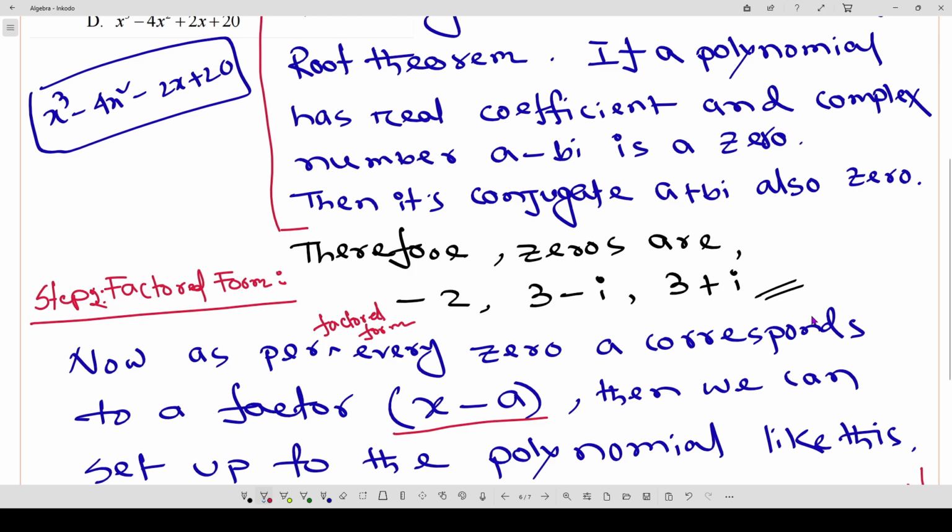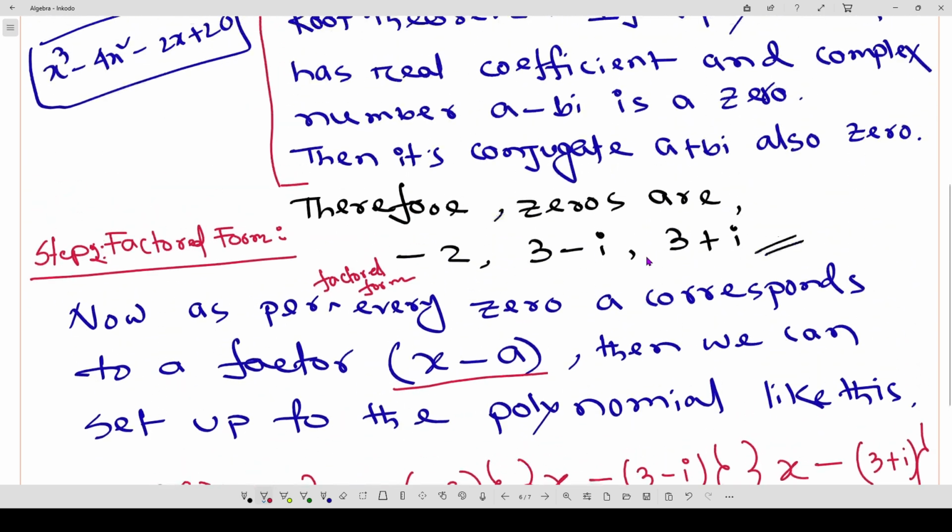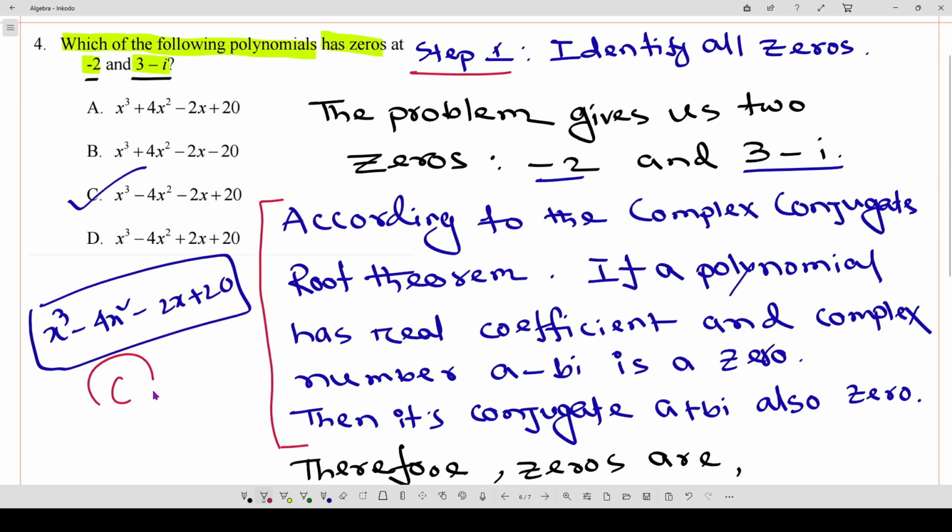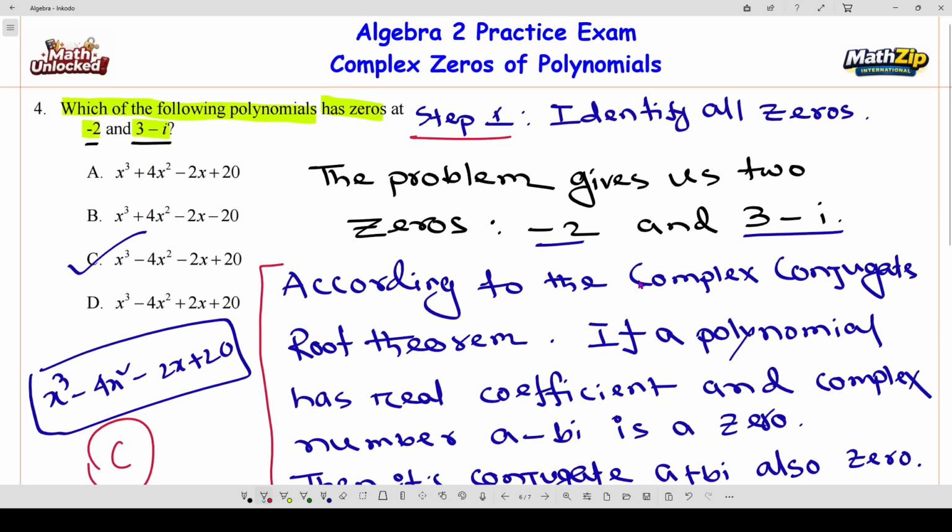Then we just multiply everything. Finally we get number C as our correct answer, x cube minus 4x square minus 2x plus 20. I am solving this math step by step. It's a very important math. Don't neglect these kinds of math.